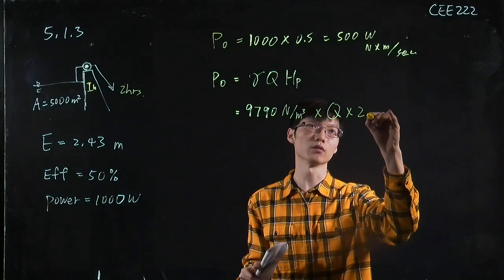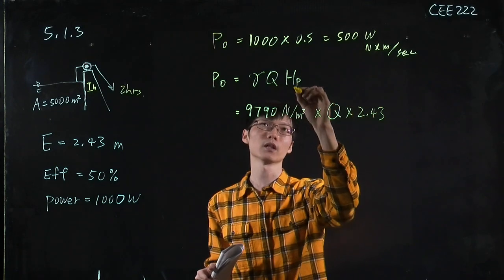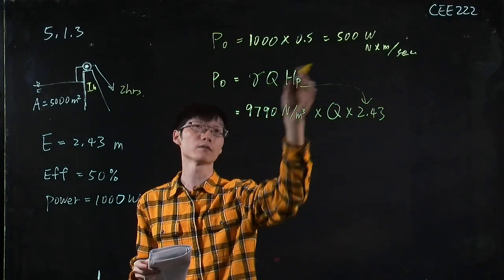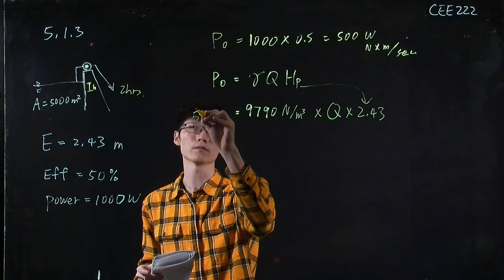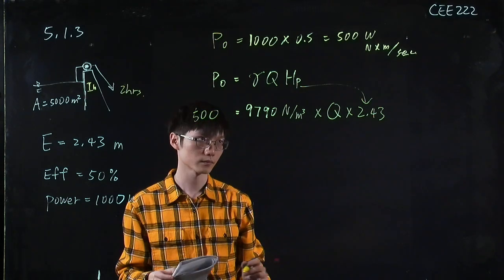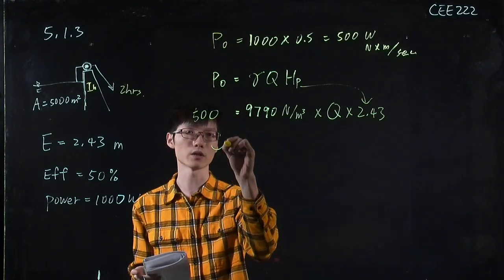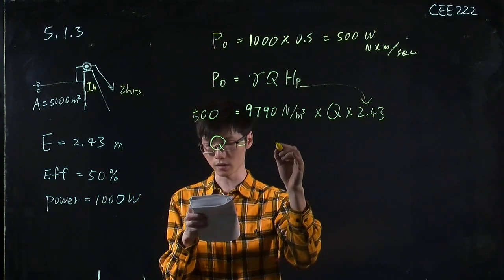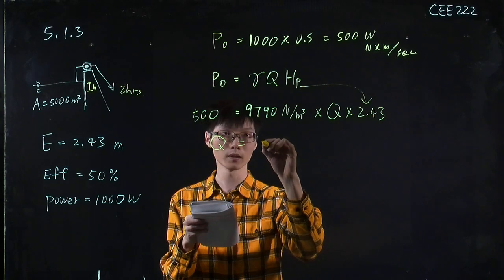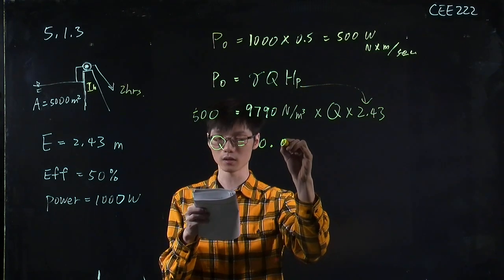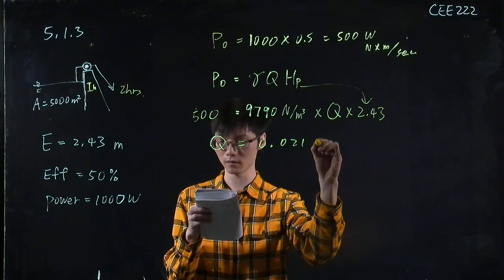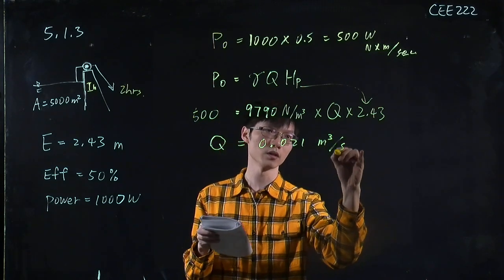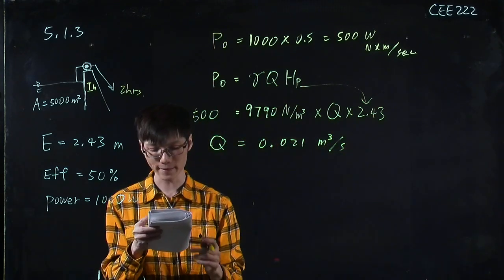So this is 2.43, and the power of the pump is 500. So from this equation, we can solve that the flow rate is equal to 0.021 cubic meter per second.